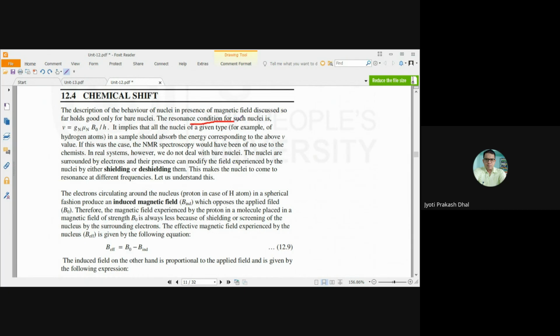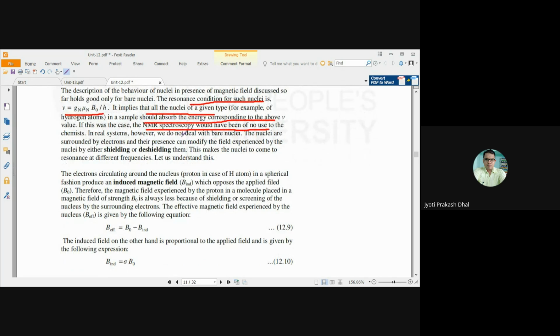So the resonance condition for the nuclei is nu equals Gn mu n B0 by h. It implies that all the nuclei of a given type in a sample should absorb energy corresponding to the above nu value. If this was the case, NMR spectroscopy would have been of no use to the chemist, because in real systems we do not deal with bare nuclei.